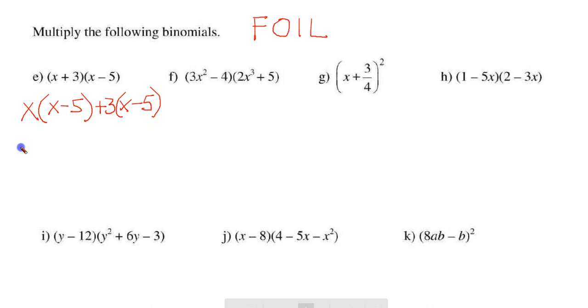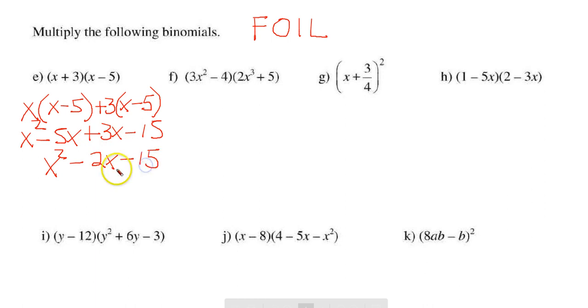So this is x to the second minus 5x plus 3x minus 15. Now notice you have 2 like terms in the middle. So this will become x to the second minus 2x as you combine these two, minus 15.